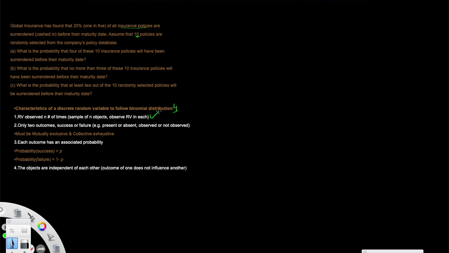The second one, we only have two possible outcomes. The first one is the policy will be surrendered before maturity, and the other one is not surrendered before maturity.